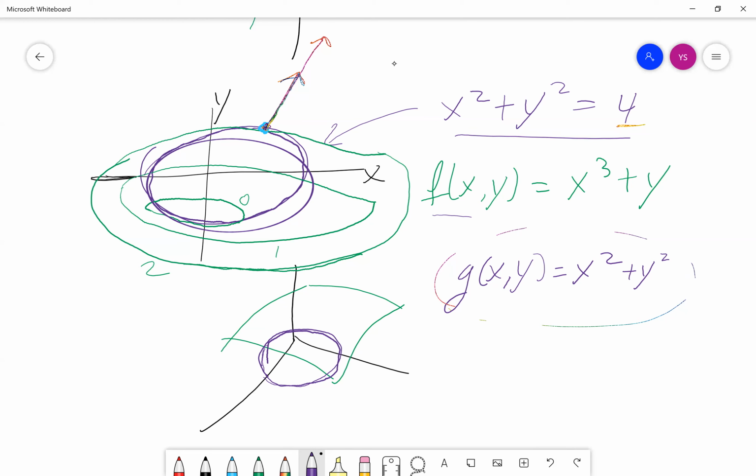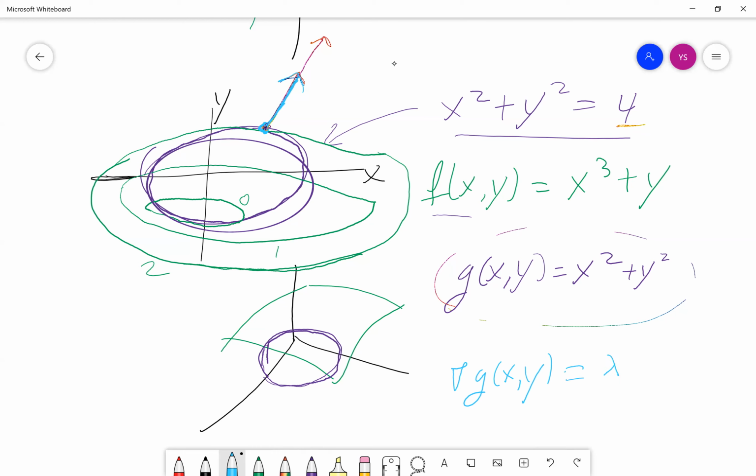But we can see that the gradient of g at (x, y), so that's this vector over here, is orthogonal to the level curve of g, which is this purple curve equal to some constant.